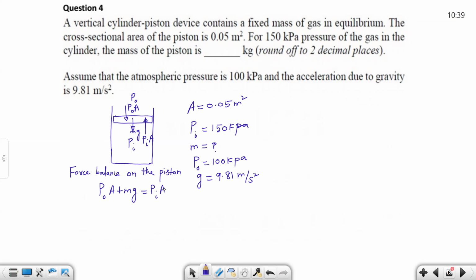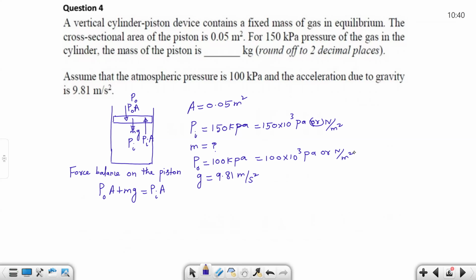We want mg in kilogram, so the pressures must be substituted in Newton per meter squared. 10 power 3 Pascal, Pascal is Newton per meter squared. Same thing here, 100 into 10 power 3 Pascal, or Newton per meter squared.